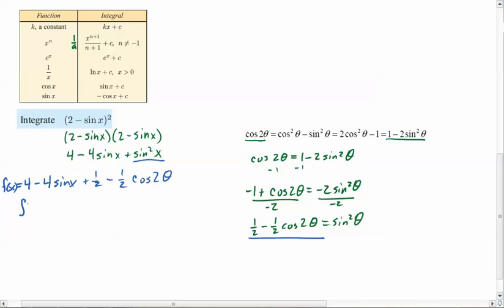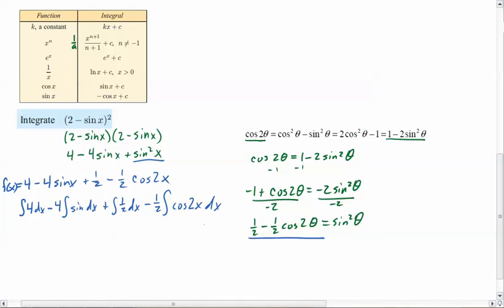So I'm going to go the integral of 4 dx minus 4 times, because I can put the constant in front, remember, sine of x dx plus the integral of 1/2 dx minus 1/2 integral cosine of 2x dx. I know I wrote theta there, but we're dealing with x, and so it really should not be a theta here, it should be an x.